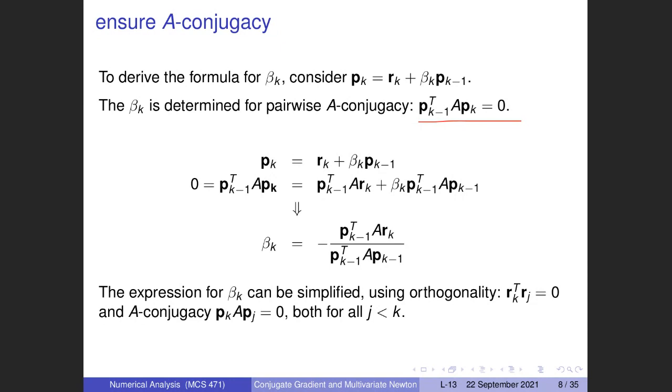So the beta still has this matrix vector product in its numerator. This can still be simplified by using again the orthogonality. And that then gives the expression for beta k that was used in the mathematical description of the algorithm.